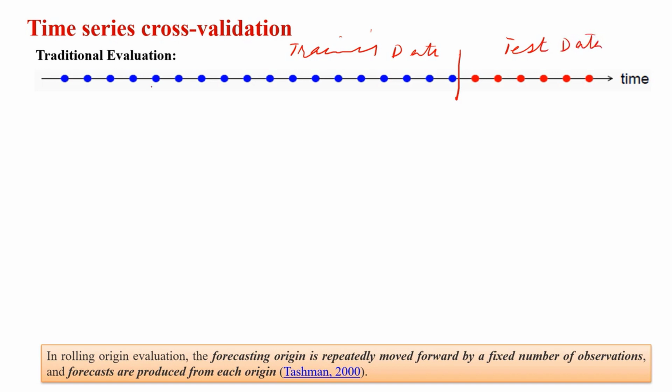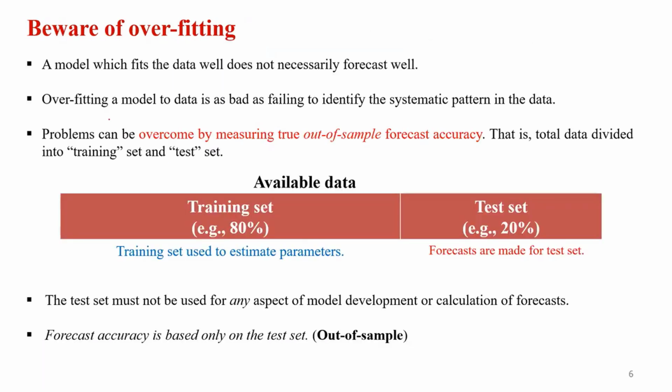If I use this training data set to fit the model, and then find the residuals, or forecast errors, and calculate those measures of accuracy such as root mean square error and mean absolute percentage error on this within-sample data, which means I am considering in-sample forecast errors to select the best model, that is not a good approach because it might lead us to overfitting or underfitting the model.